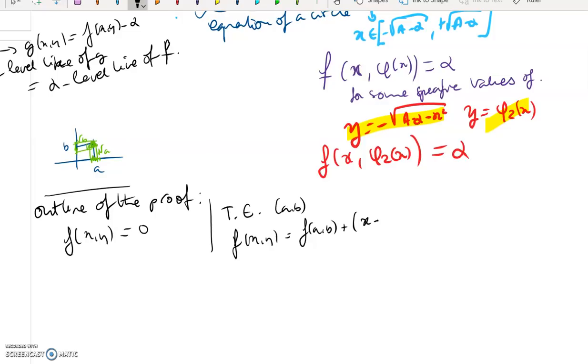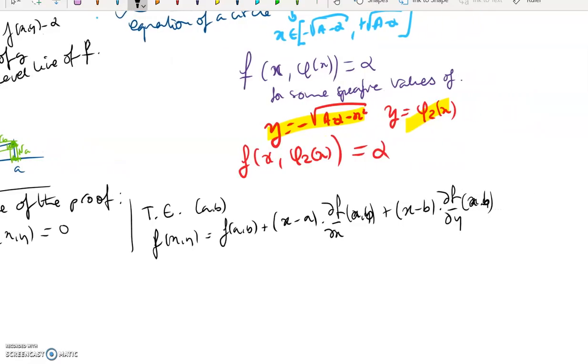That's x minus a times df over dx at point a, b, plus the same in the other direction, y minus b times df over dy at point a, b. Both should be at a, b. Plus some small o of the norm of x minus a, y minus b.